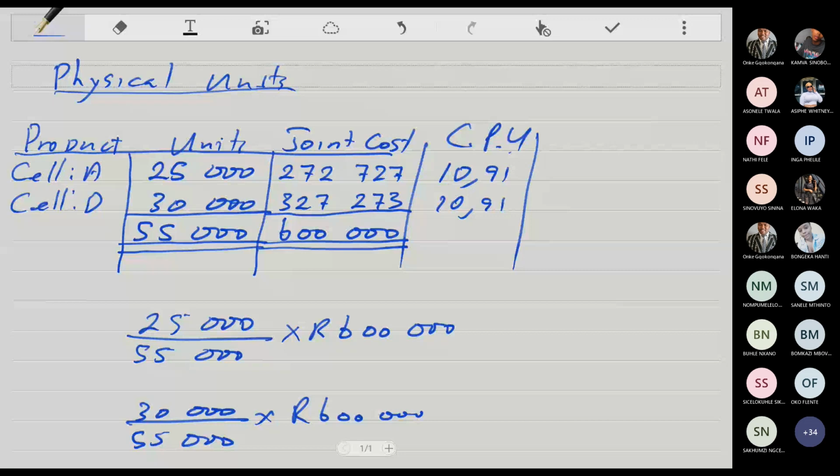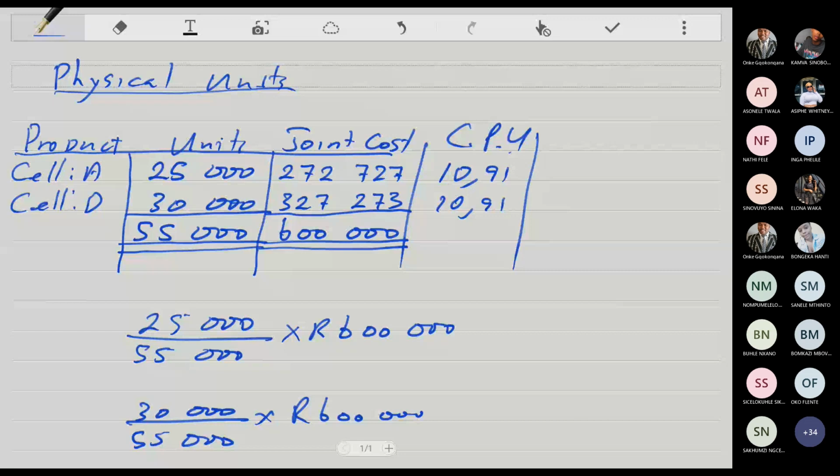Then we have to sit down and see, okay, what else can we do? What other method can we come up with to allocate this joint cost, in an attempt to solve the problem we are encountering with the physical units method?